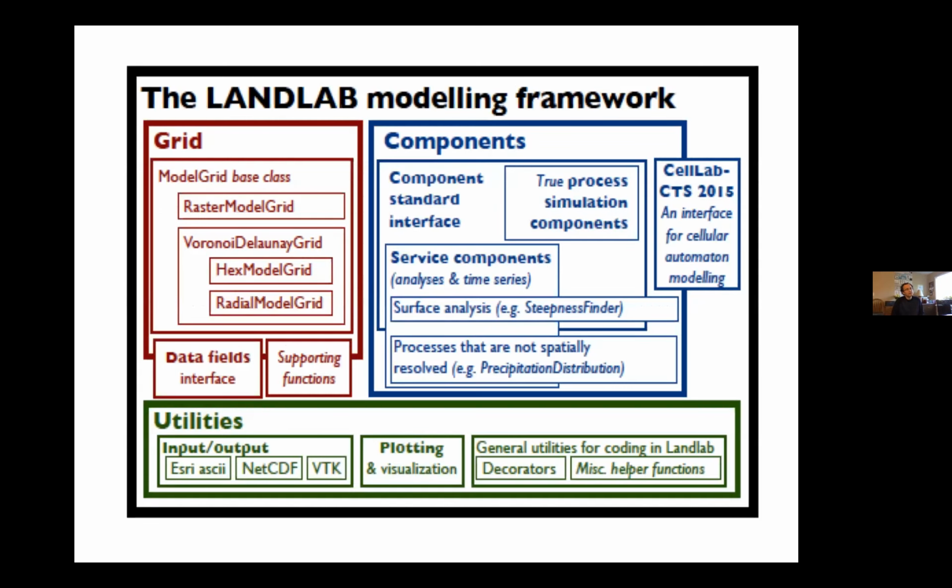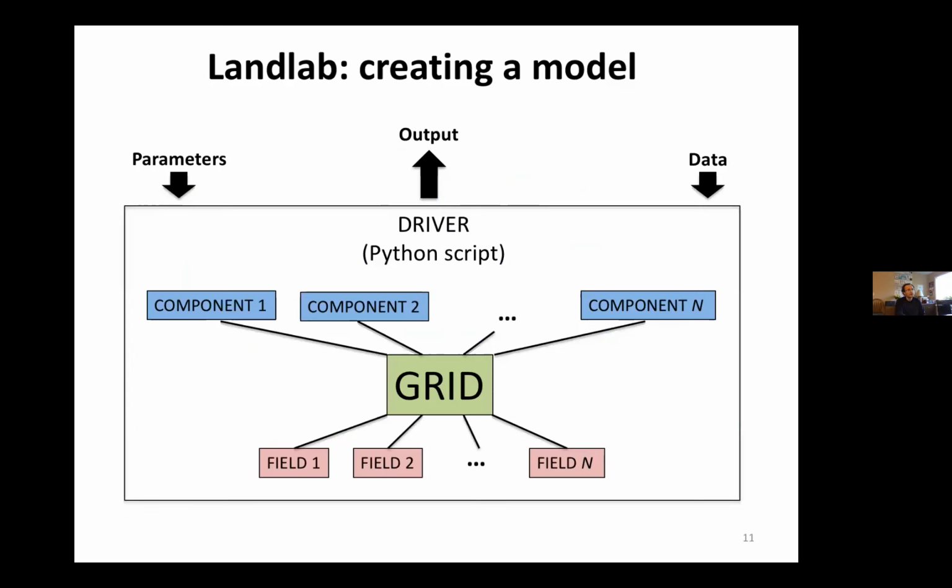This is a general framework of Landlab. On the left, you have the gridding tools, raster model grid, or any type of different structured and non-structured grids. Components on the right, outlined with blue, and then the utilities down in green. So this is a general framework of the Landlab operation.